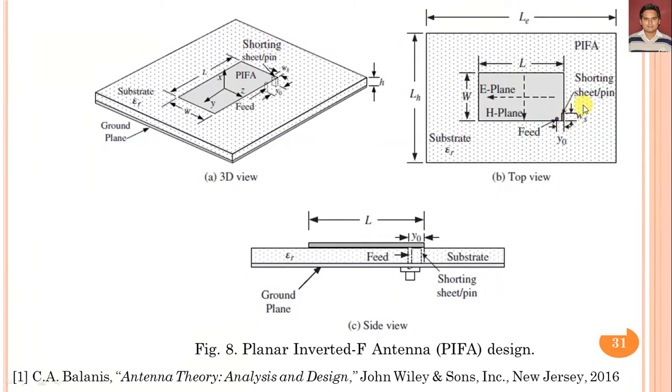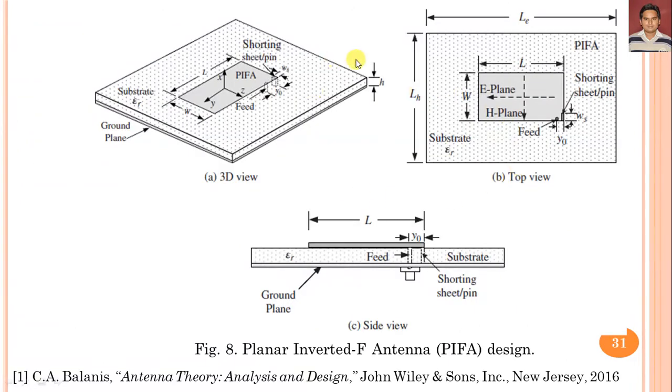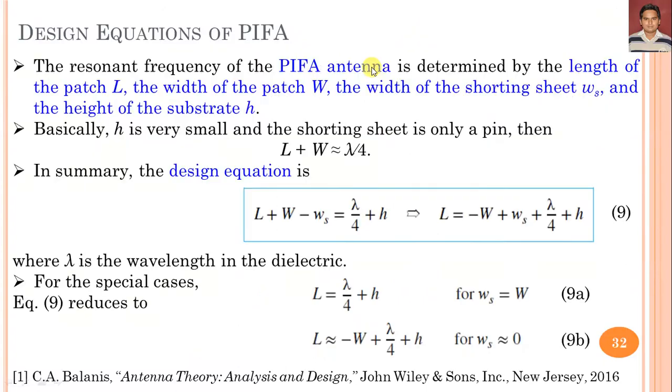So we have reduced L plus W minus WS, which is equal to lambda by 4 plus H. H is the height of the substrate that we have considered, and then L equals minus W plus WS plus lambda by 4 plus H. So this is the expression through which we can calculate the length of a PIFA antenna, where lambda is the wavelength, and this wavelength we have measured in a dielectric medium.